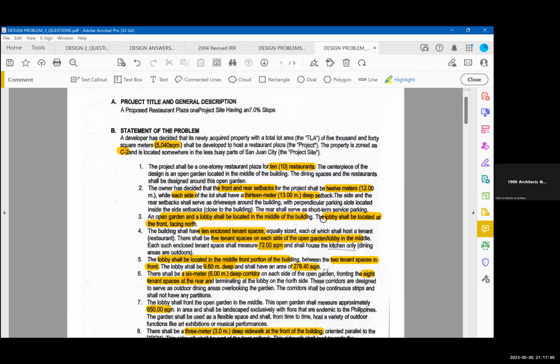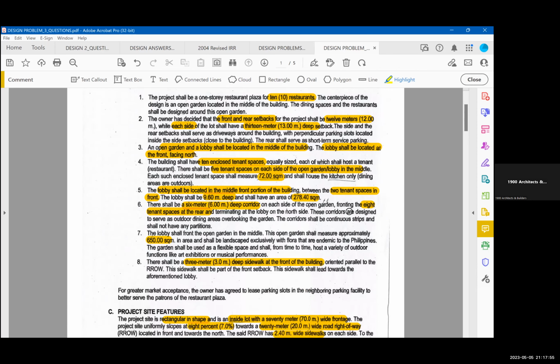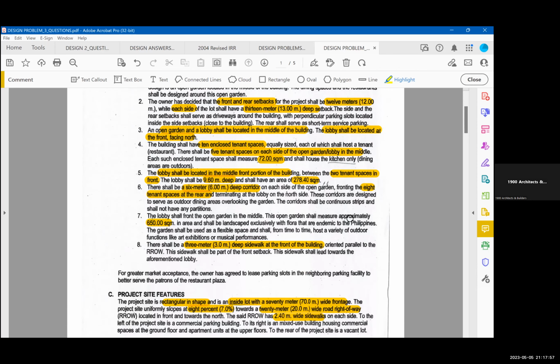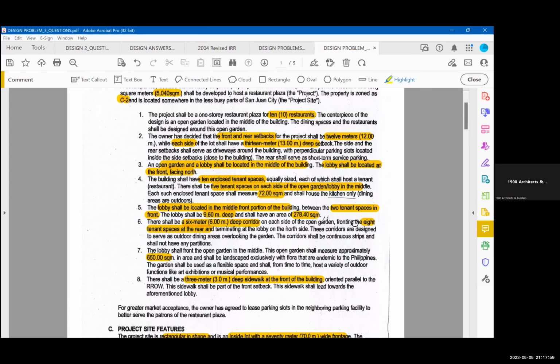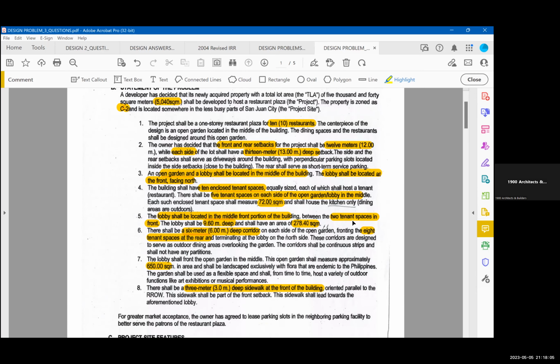So medyo, at first nakakalito kasi syempre ipa-plot natin kung ano yung nasa loob ng building. And then, another thing na napansin ko dito is medyo confusing yung information niya. Parang may sinabi siya ditong 10 restaurants.